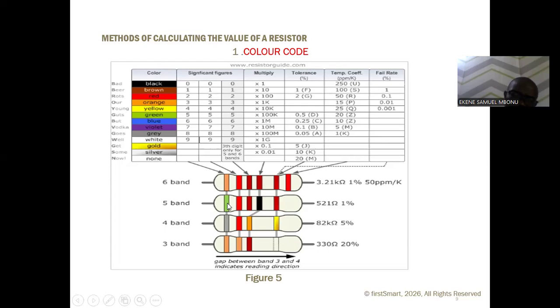If we have 4 or 5 color bands, then the first three become the digits. The fourth one becomes the multiplier, and the other one becomes the tolerance. So somebody should tell us the value of this resistor, and how it is gotten. Let me be sure you are following.